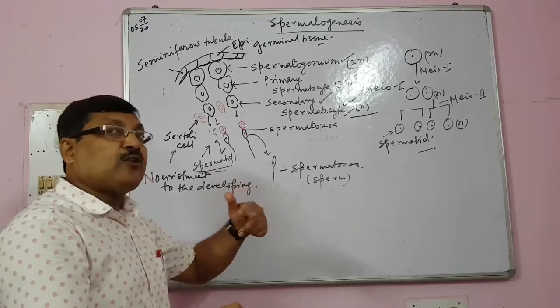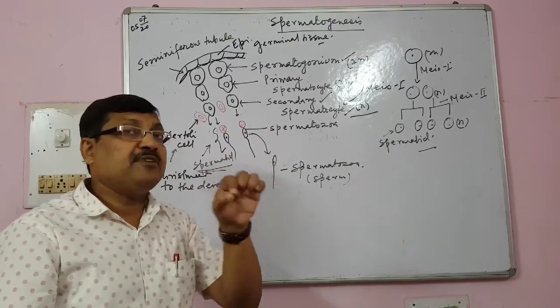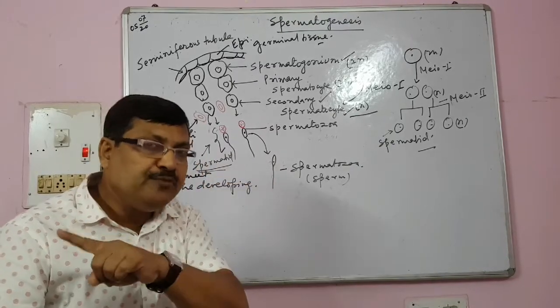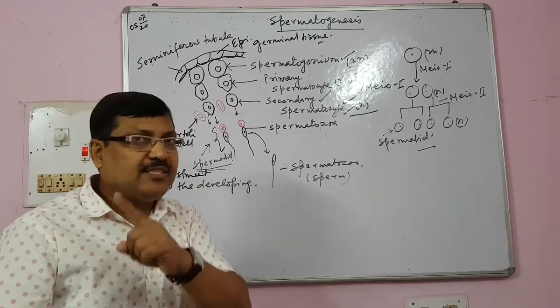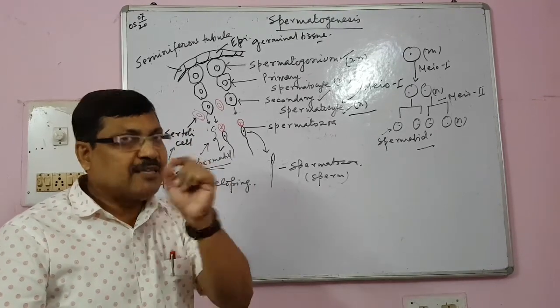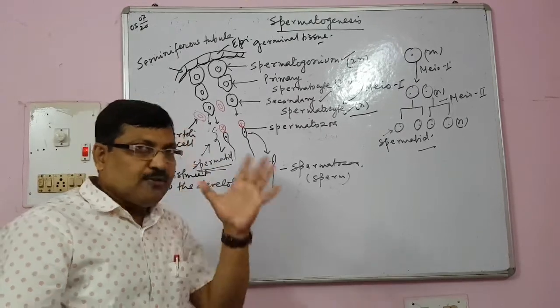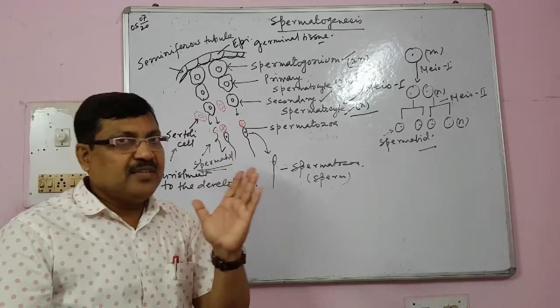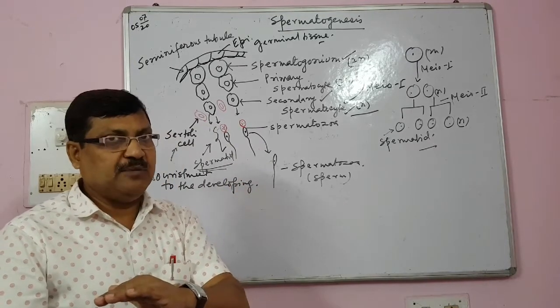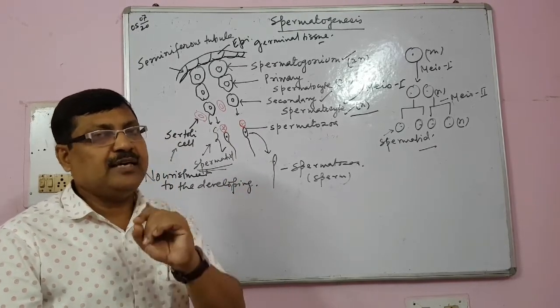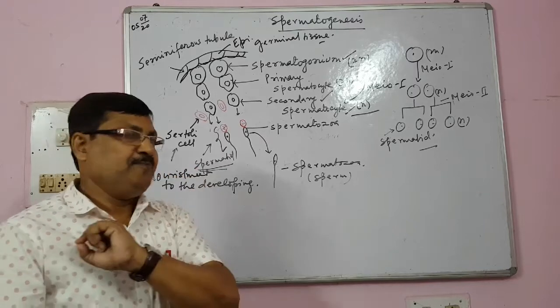And now the spermatozoa will leave the seminiferous tubule and move towards the rete testis, vasa efferentia and epididymis. As soon as it leaves the seminiferous tubule, this process is called spermiation.